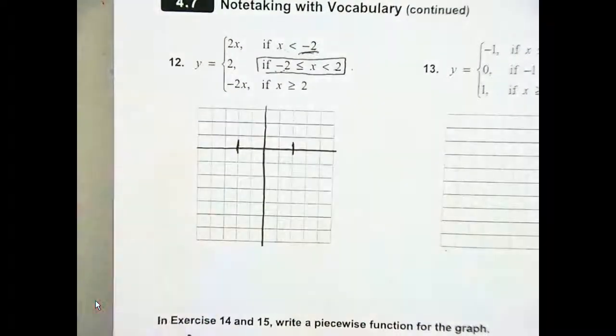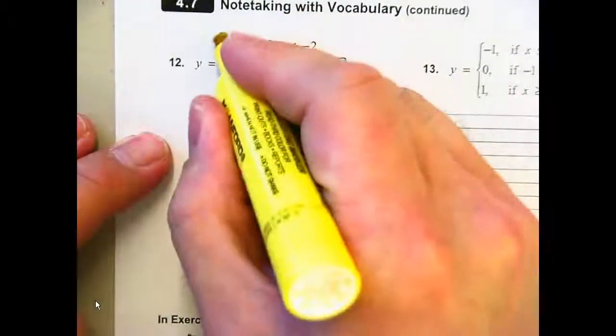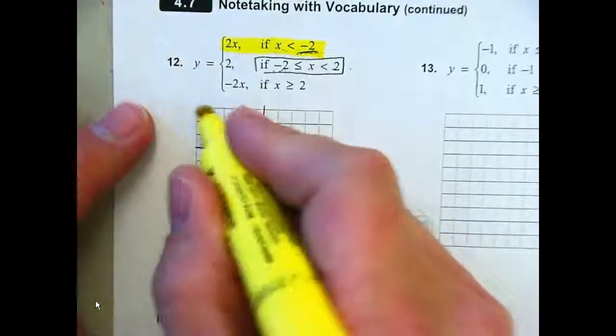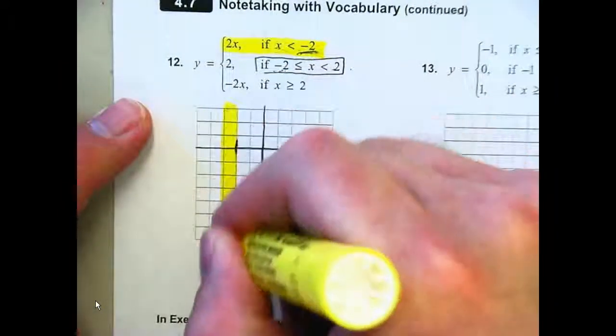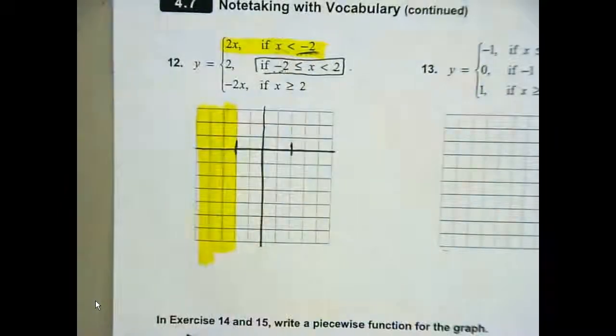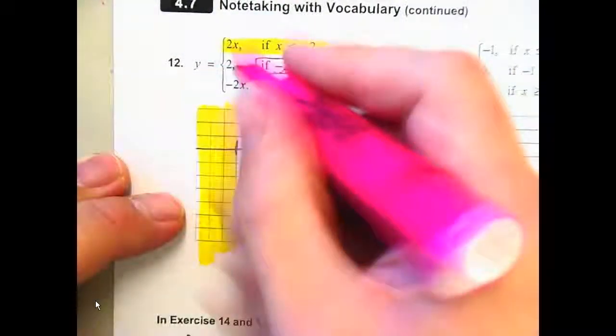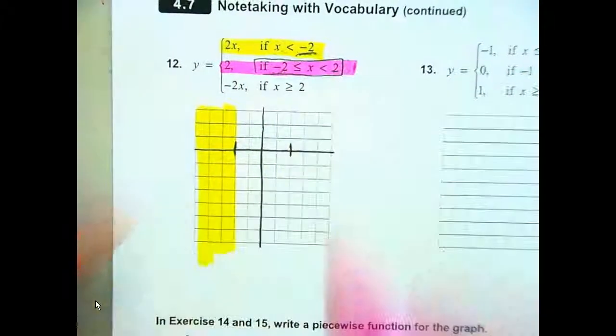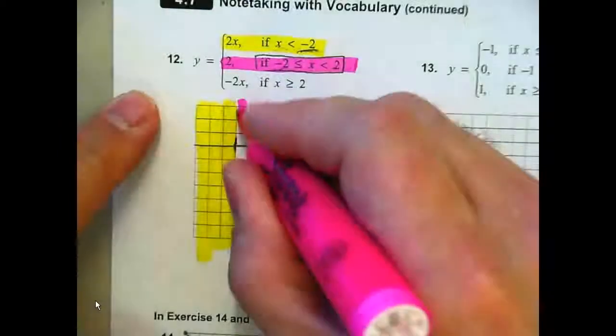So if I'm thinking of this, I really have 3 different pieces. Okay, I have this first piece right there, and that exists on this side of the graph. Those are my less pieces. Okay, less than -2. I have this piece right here, and that exists in this chunk of the graph.